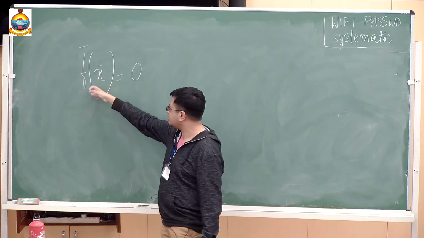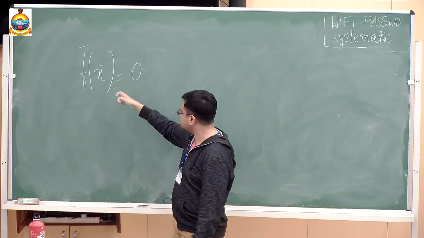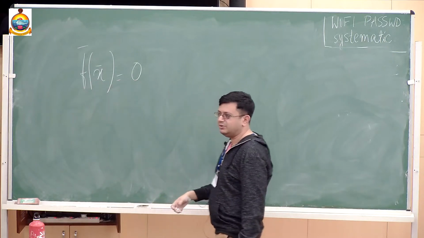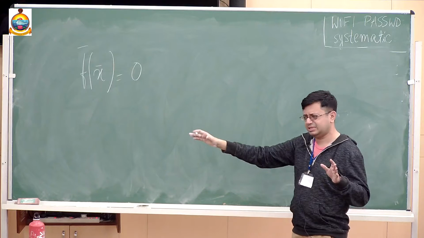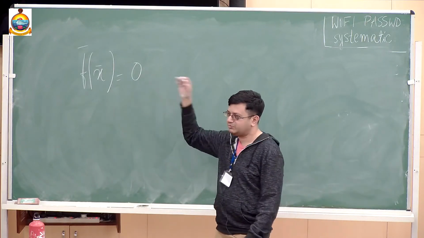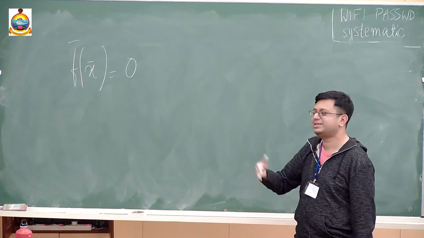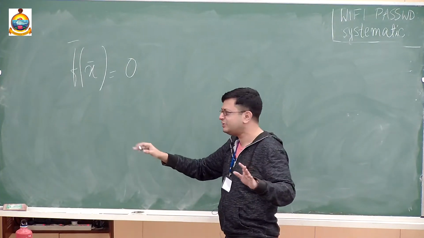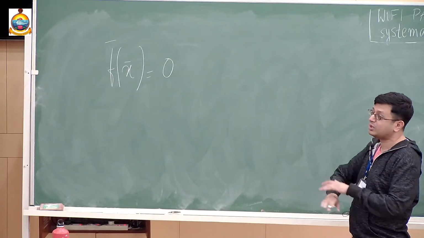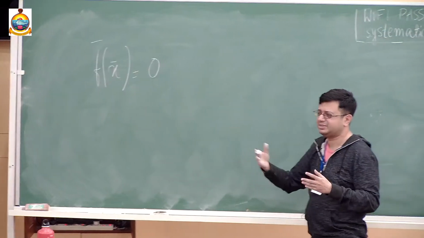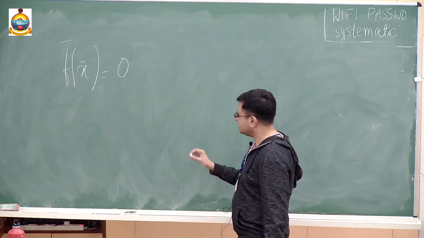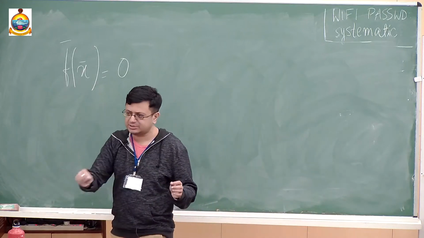So if you solve this equation, you will find values of x at which f of x is equal to 0, and they are going to be isolated typically. One possibility is that the function is 0 everywhere. Whatever be the value of x, f of x is 0. That's a trivial thing. We will see it arises in two-dimensional systems under specific conditions, where the local velocity is everywhere 0. But that's a trivial situation. Then you have a plane of fixed points. Okay, but in general, what happens is that you have some isolated points.